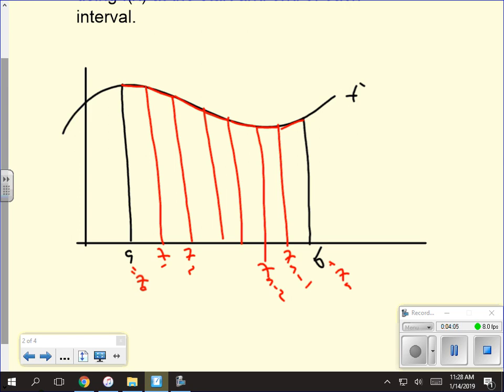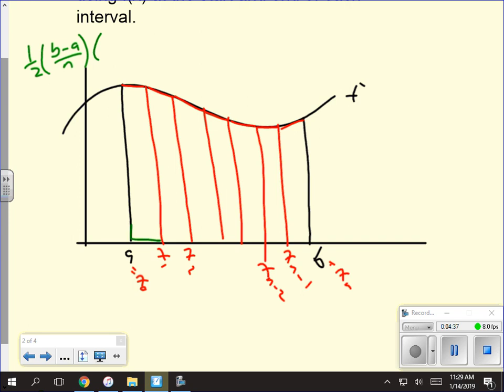Now, when I'm figuring out each and every individual trapezoid, the area of a trapezoid is equal to, we'll start with this first trapezoid here. The area for this first trapezoid is 1/2 our height, which is b minus a over n, the distance from the beginning to the end divided by how many intervals we have, times our two bases.